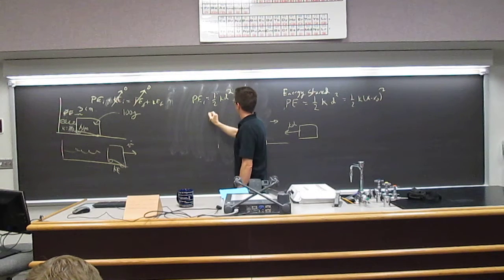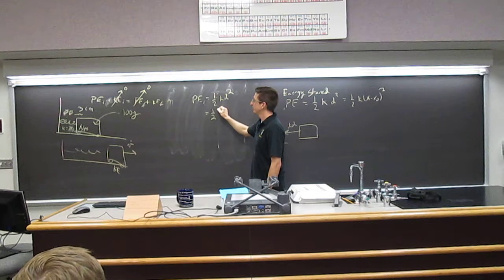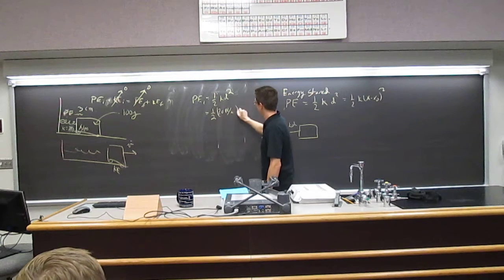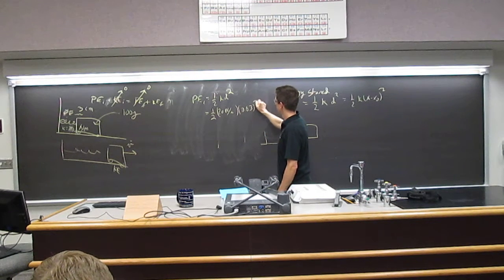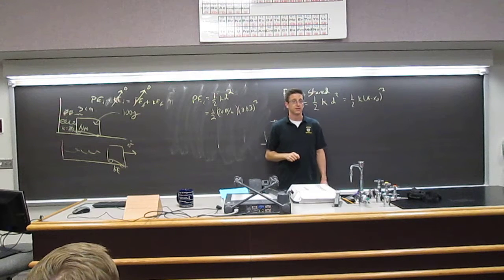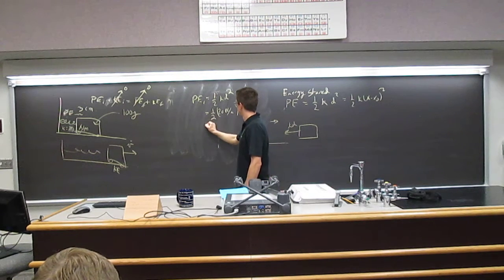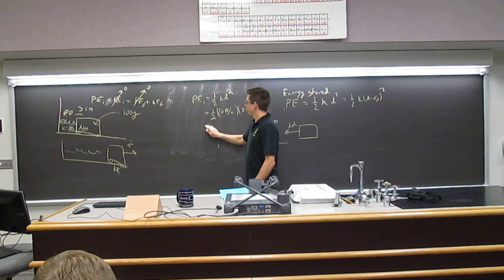Equals 1/2 times k, which is 20 newtons per meter, times d squared, which is 0.03 squared. And that's just equal to the kinetic energy. Potential energy, yep, and then that's going to be equal to the final energy.